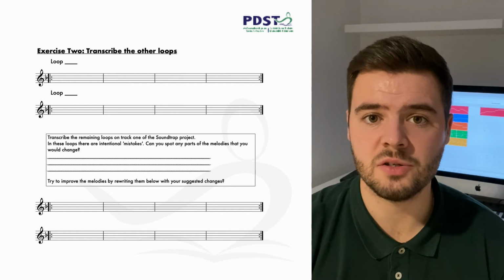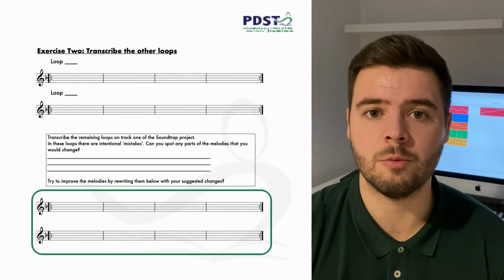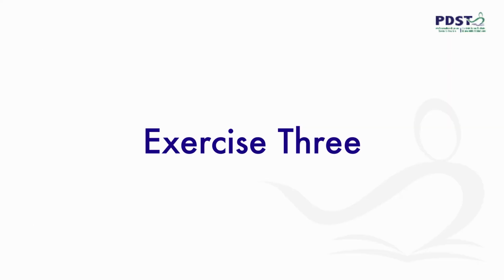A class discussion could lead your students to identify these problems. Having identified these issues, the students will now rewrite the melodies in an attempt to improve what was there.